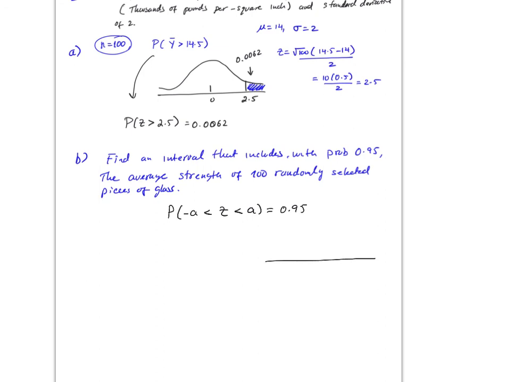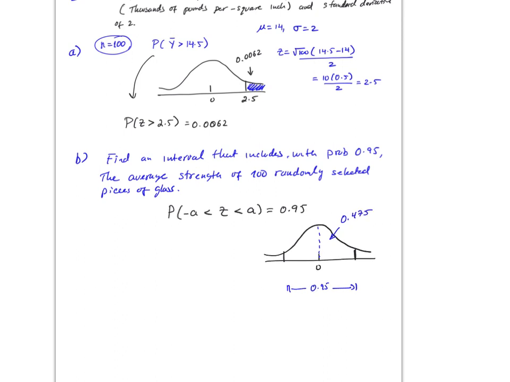Okay. Now here you have to be careful on how to label this, because the table, remember, only gives you the area to the left. So therefore we want the area between here and here to be 0.95, which means that if you cut this in two, this one will have to be 0.475.